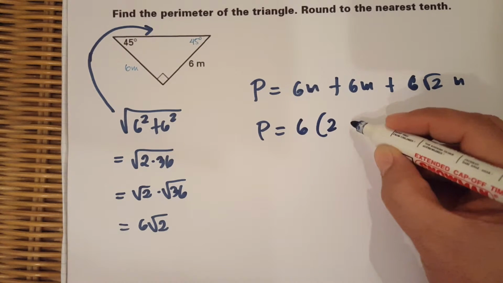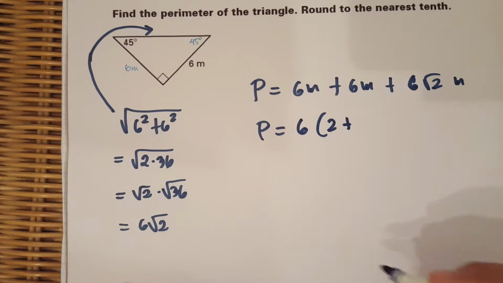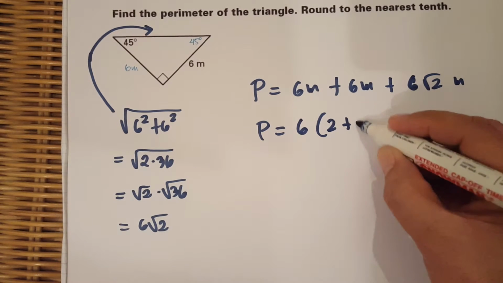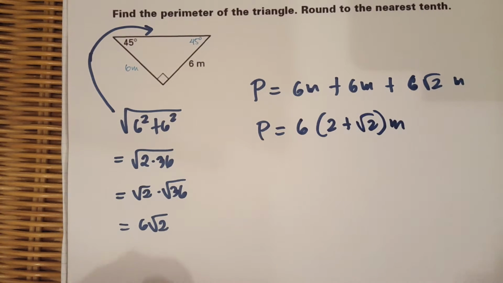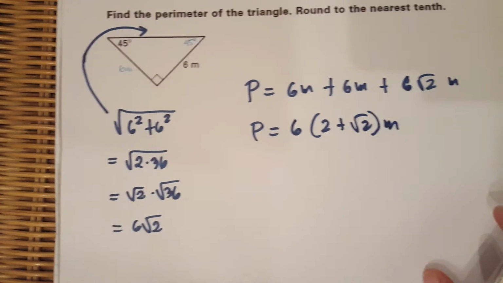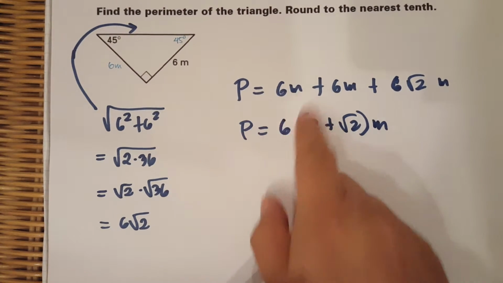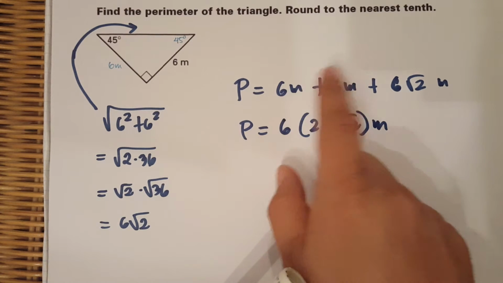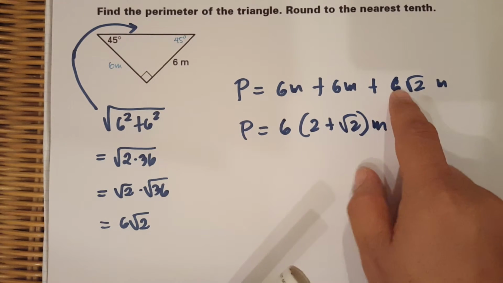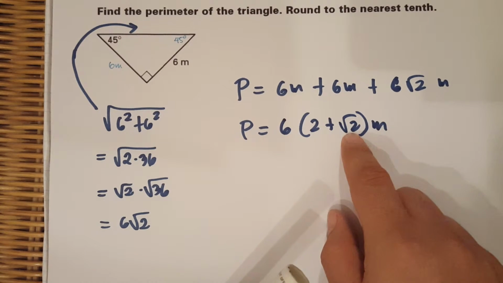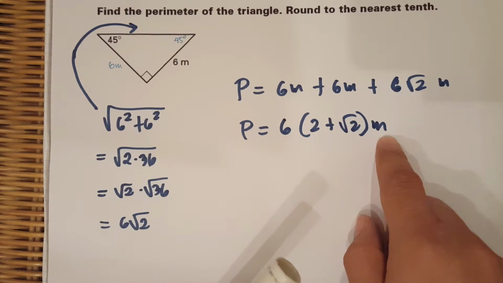So it's 6 times 2 plus the square root of 2 meters. Is that correct? If I factor out 6, that's 1 plus 1, so that's 2. 6 factored out leaves me the square root of 2. The unit is in meters.